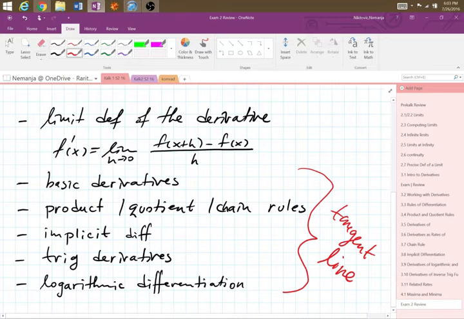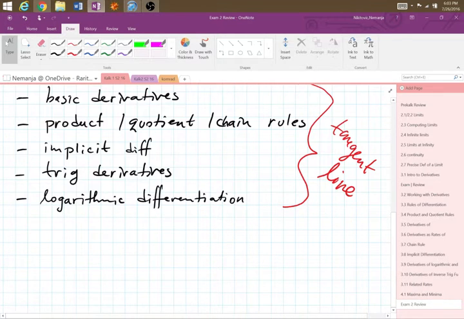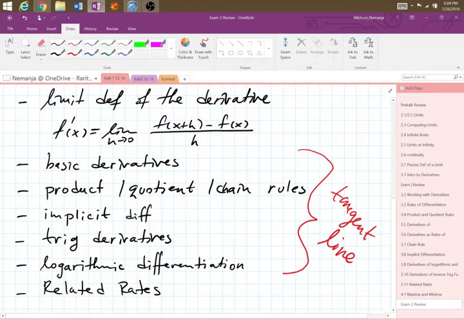So the tangent line problem spans the whole range. And we have word problems, and we're done. So related rates. So that's it on the exam.